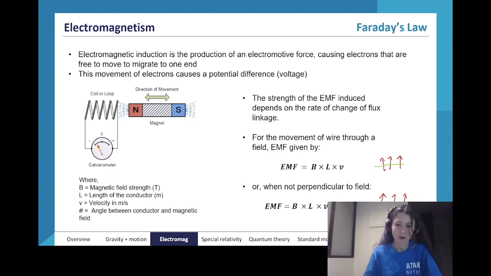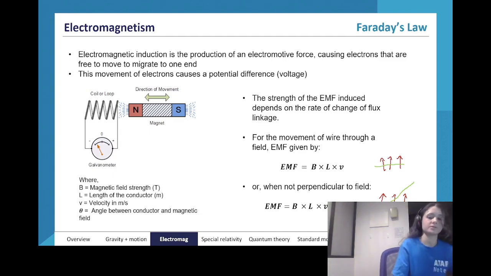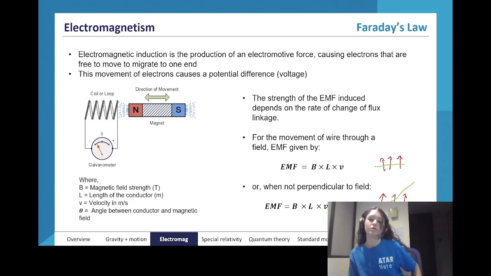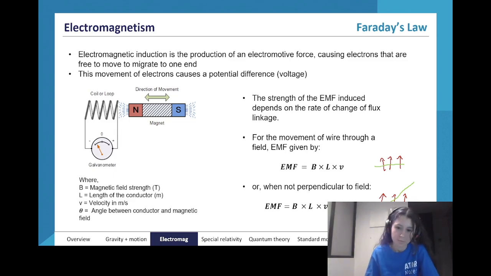However, if the wire is at a diagonal, then some of the field's components are going to be missed because this wire now has components that are in the same direction as the field, meaning that they're not experiencing anything. Of course, if a wire is just like this and it's parallel with the field, then none of the lines are intercepting with it.